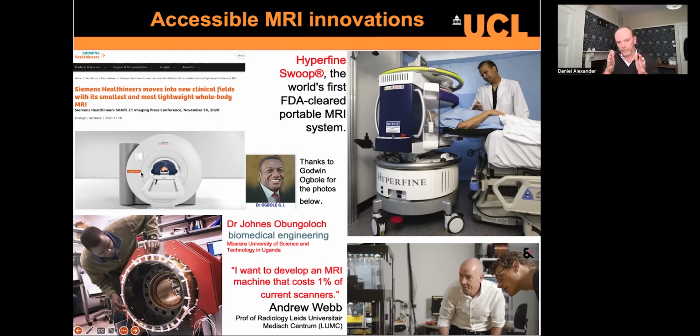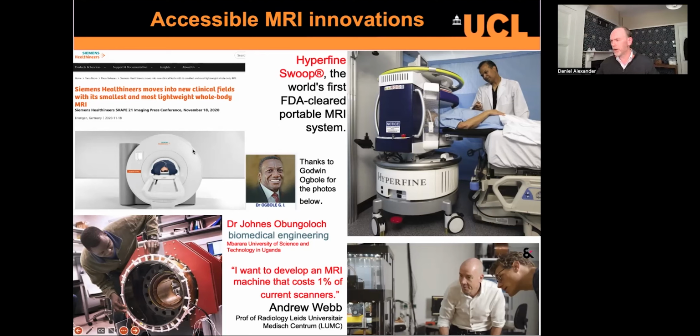It has a much smaller footprint, so it's a cheaper machine, easier to install and easier to ship. The magnet has a much lower helium content than most modern magnets, so it's cheaper, and it doesn't have such a problem with intermittent power supply.